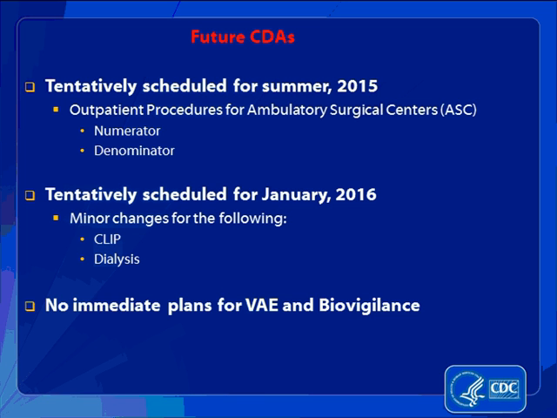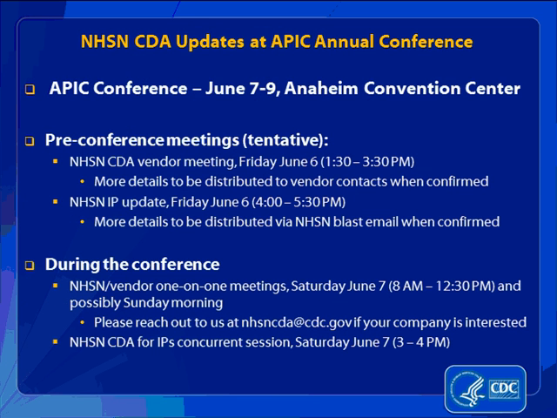These will have a numerator and a denominator, and we will provide more information after those go through ballot and are available later this fall. I mentioned the January 2016 changes, minor changes for CLIP and dialysis, and again, possibly lab ID event. We'll keep you posted on that. And again, there's no immediate plans for CDA for VAE and biovigilance until some of the protocols settle down as more and more people start reporting those events manually.